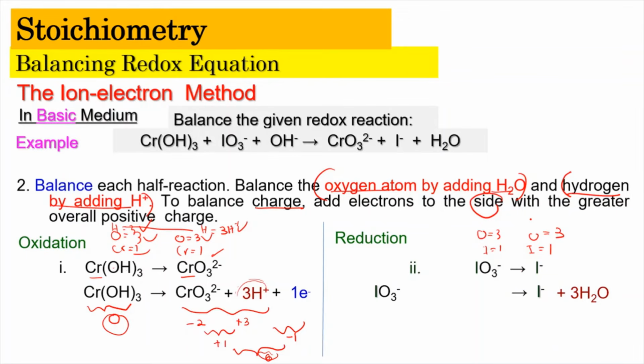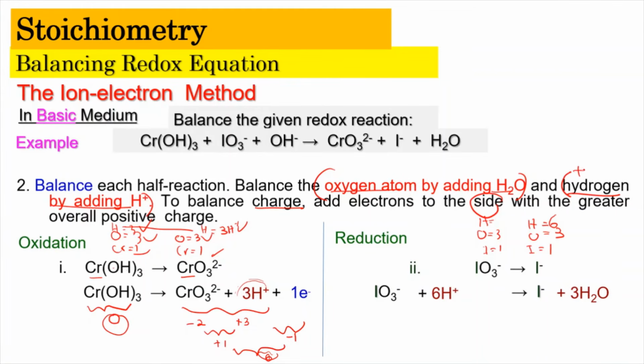But now the hydrogen on the product side is going to be 6 because it's 3 H2O. And hence on the reactant side, you need to add 6 H as well. So you need to add 6 H+.